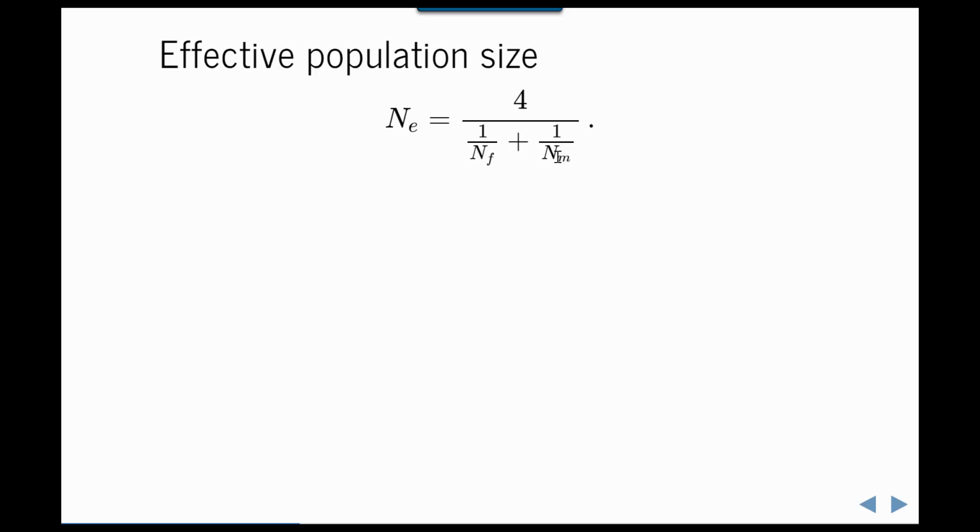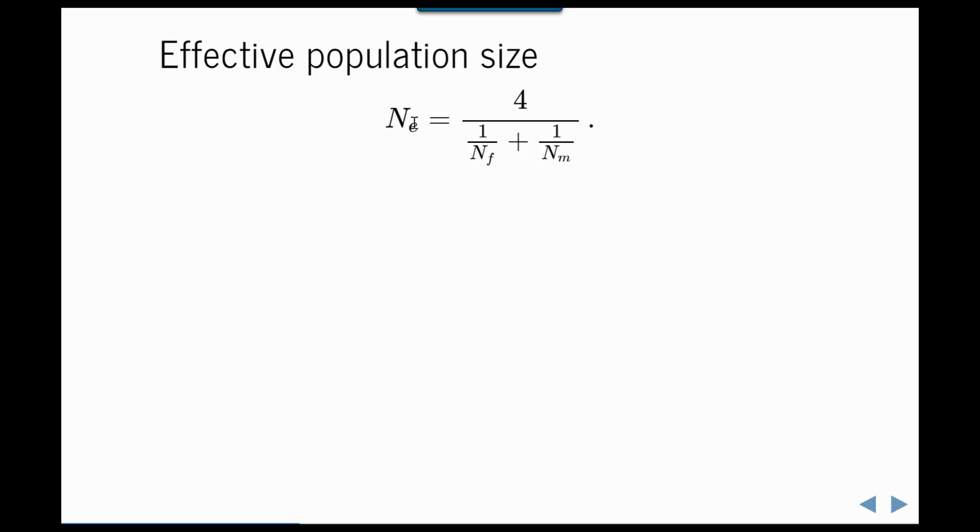So if the number of females and the number of males are equal, then the effective population size is going to be equal to the sum of the males and females. But if they differ, if there's a departure from the equal sex ratio, then the effective population size is going to decline compared with the actual population size.